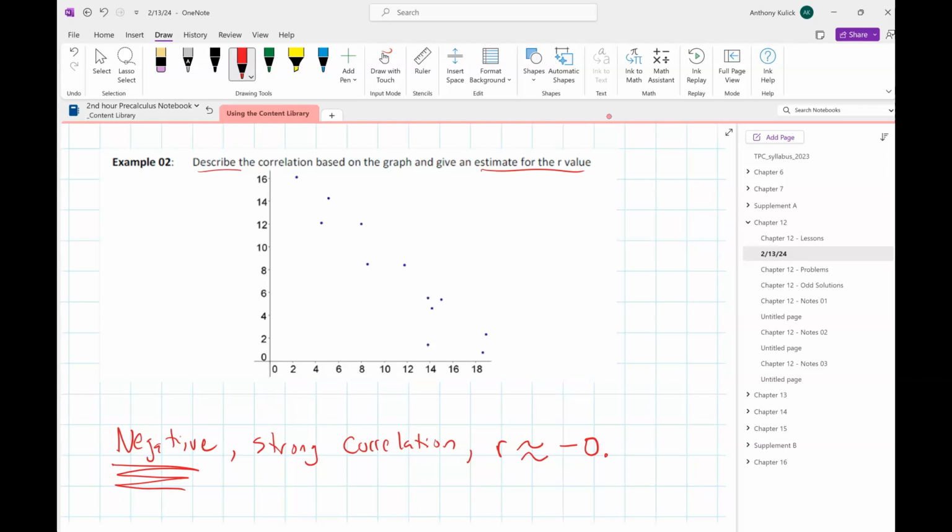Closer to -1 is more line-like. Where would you say this one is? I'd say it's much closer to -1 than 0.5. So I would say anything from like -0.7 to -0.99 anyways, would be something I would accept.